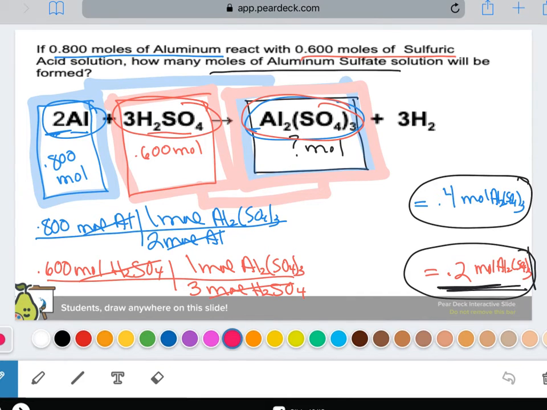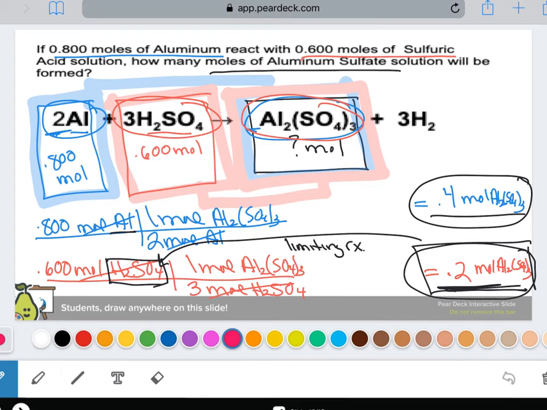This is how much I'm going to make because I am going to run out of the sulfuric acid that was one of my reactants. So this is going to limit me. This is my limiting reactant because the sulfuric acid is going to run out. I'm only going to make 0.2 moles of my product.